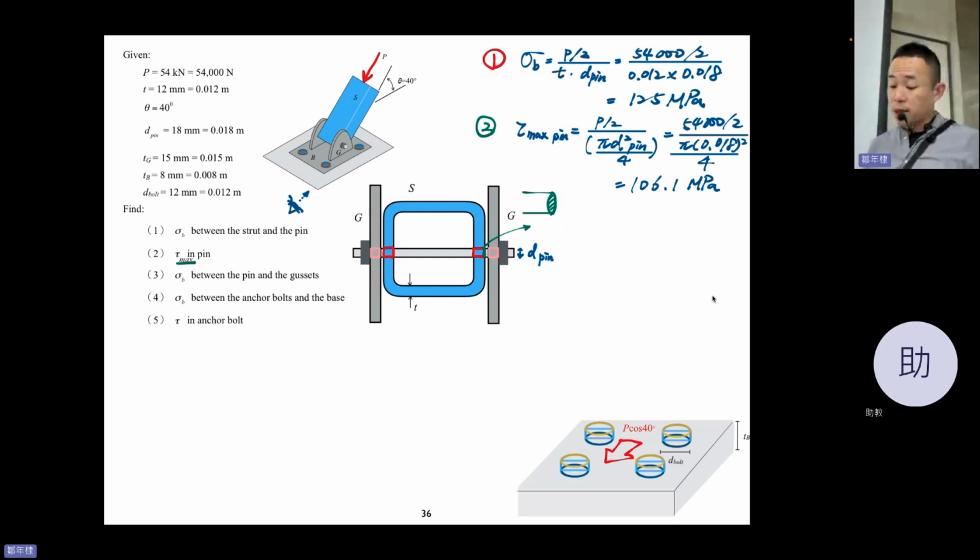So this is 106.1 megapascal at that green cross section, and this is the maximum in that pin.